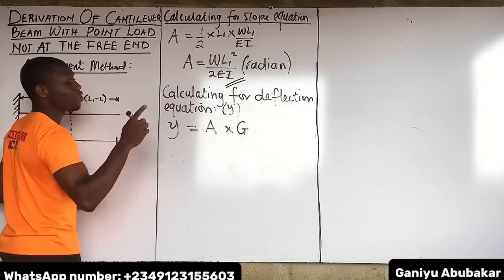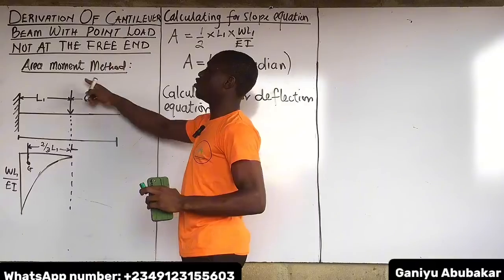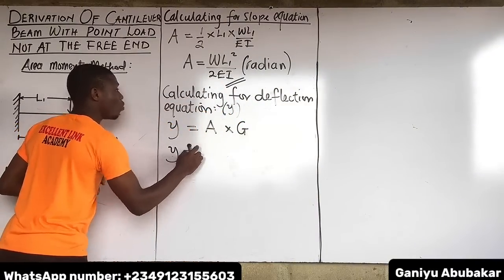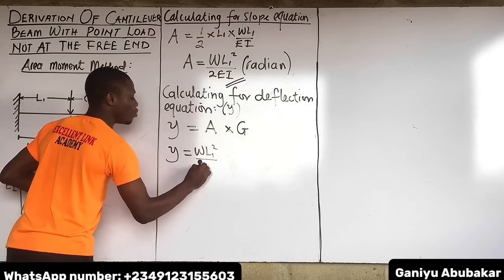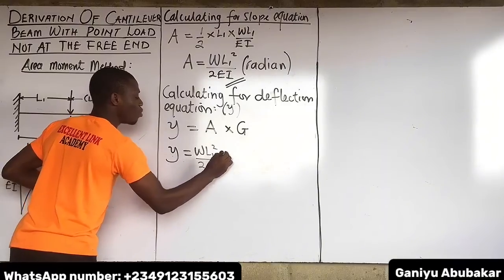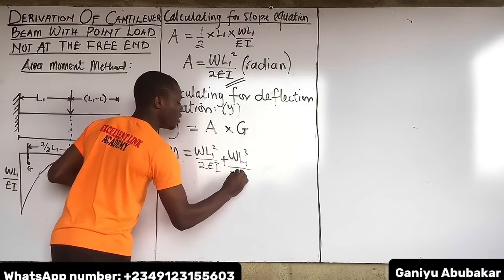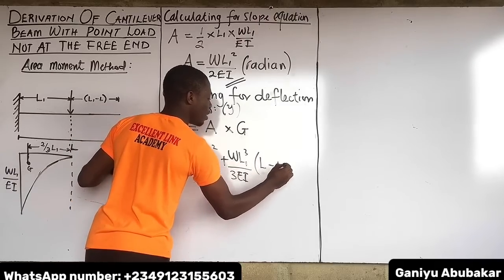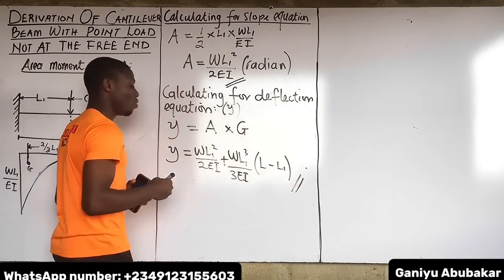When it comes to deriving the deflection equation for a cantilever beam with point load not at the free end using the area method, I'll have that y is equal to WL1 squared over 2EI plus WL1 cubed over 3EI into (L minus L1).